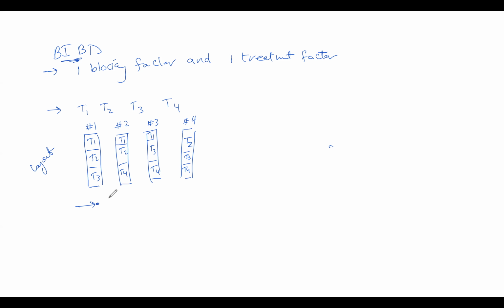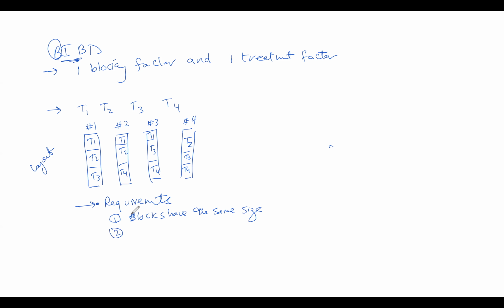The requirements to be balanced incomplete block design are: the first one, the blocks have the same size. So in this case, each block has only 3 units. So they have the same size, 3, 3, 3.